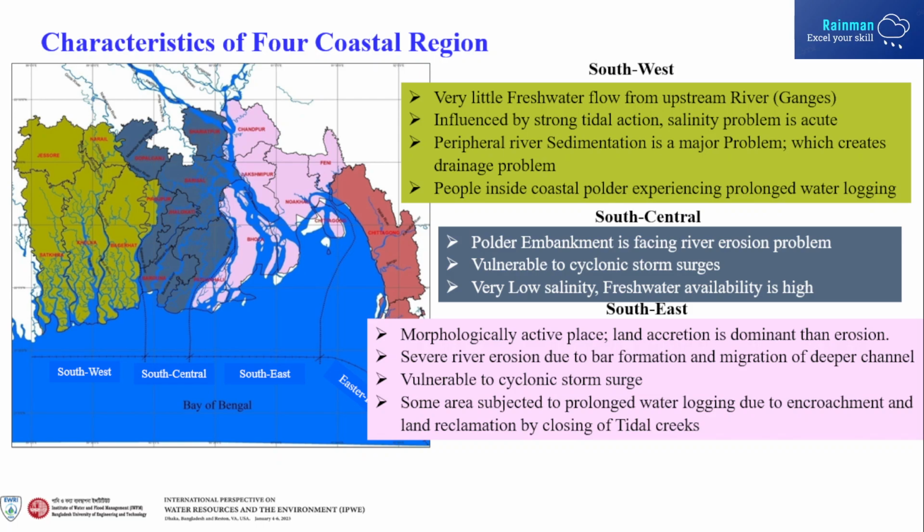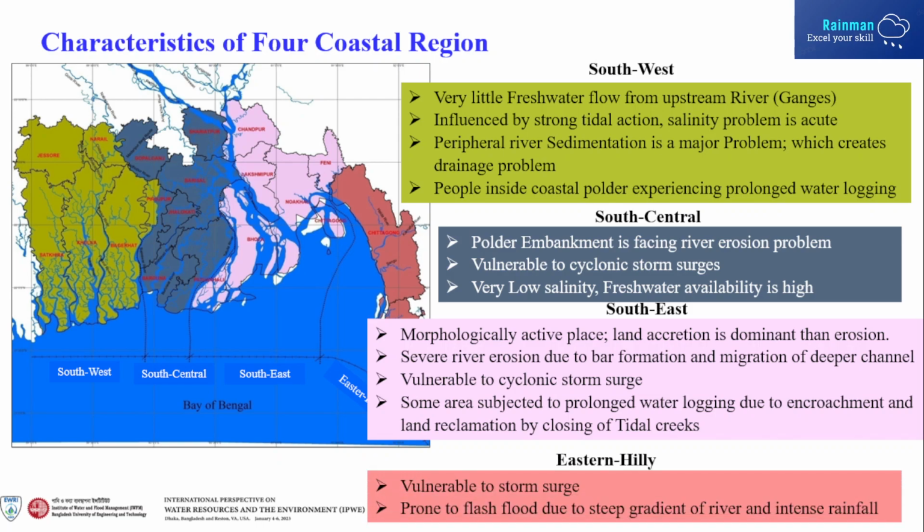This region is also a very morphologically active place, and land accretion is dominant over erosion. And last of all, the Eastern Hilly region is vulnerable to storm surge and prone to flash flood due to steep gradient of rivers and intense rainfall.